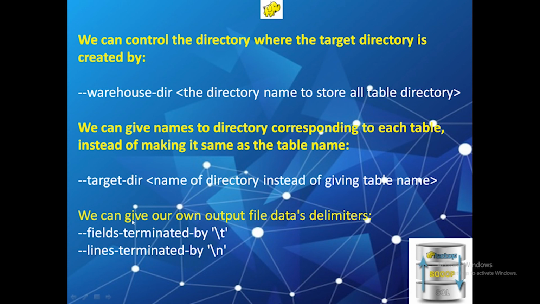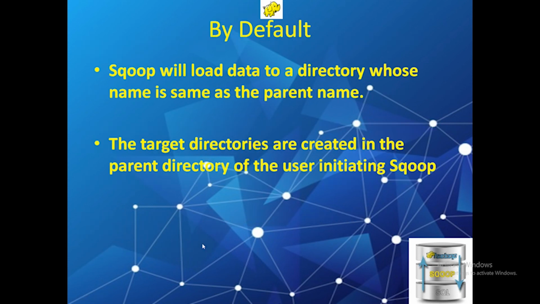We can give our own output file delimiters, like fields terminated by a single-quoted \t, and lines terminated by \n. By default, Sqoop will load data to a directory whose name is the same as the table name, and the target directories are created in the home directory of the user initiating the Sqoop command.